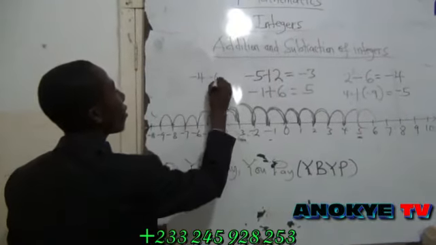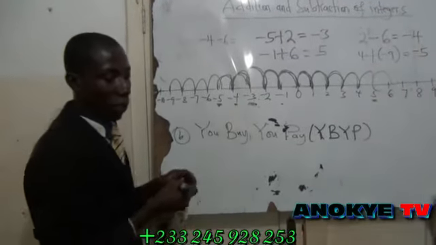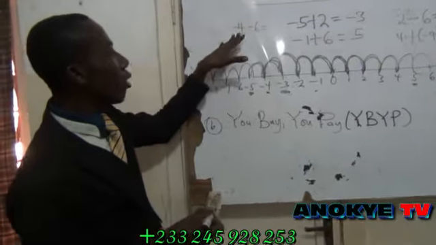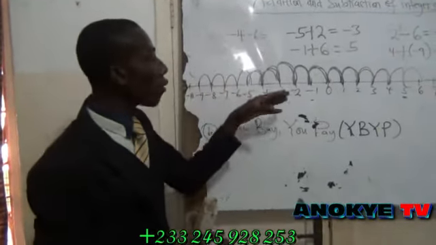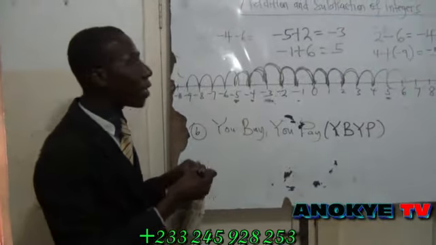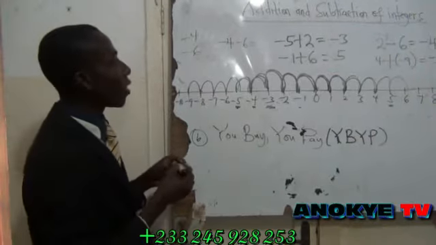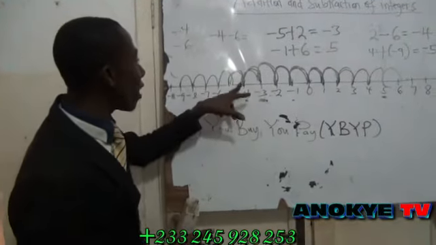-4 minus 6. Remember that this negative affects 6. So those of you who want to use the number line, you break the numbers into 2. I have -4, I have -6. So I start on the first one, which is -4.